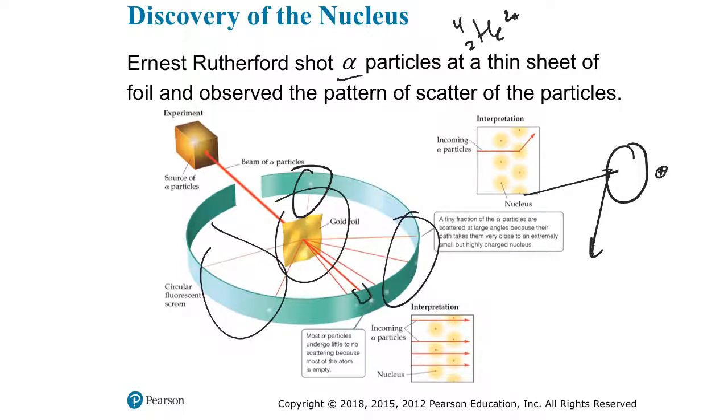Now, a lot of the particles do go straight through because even in a thin strip of gold, there's really not that many overlapping nuclei. And so there is still the possibility that a lot of the particles are able to go straight through the actual gold foil.